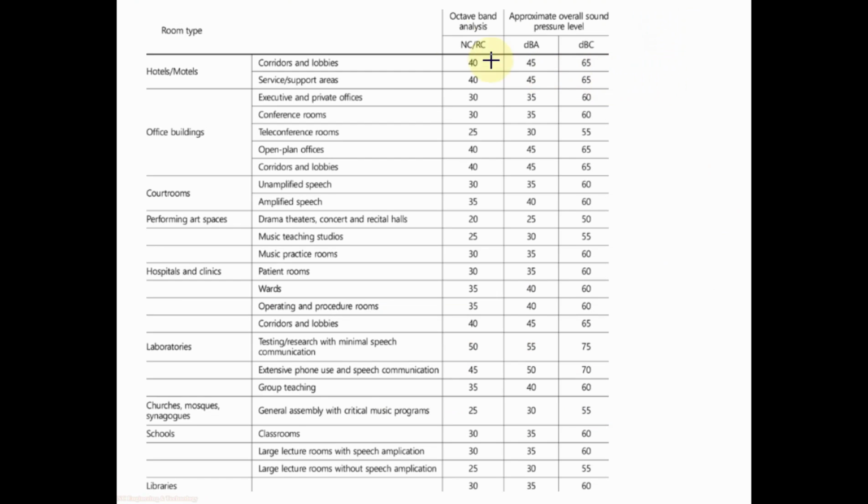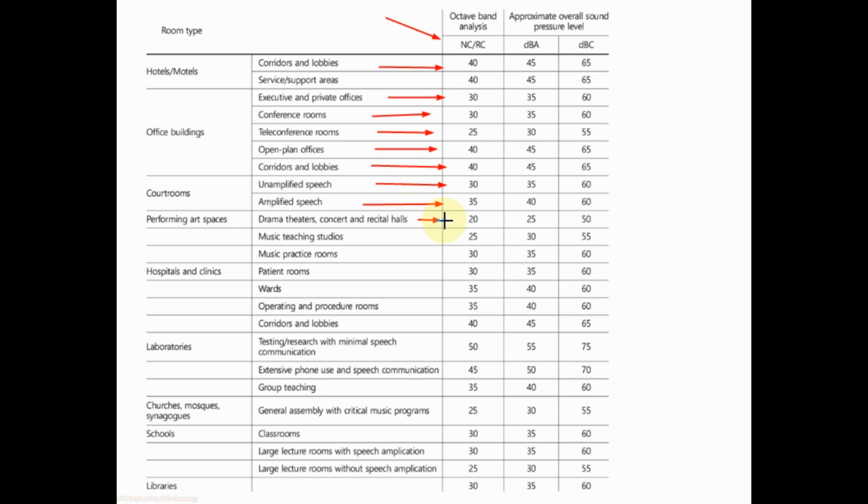These are NC level recommendations by ASHRAE. For motels and hotels, maximum 40; office building, executive and private office 30; conference room 30; teleconference room 25; open plan office 40; corridors and lobbies 40. Courtroom unamplified speech 30, amplified speech 35.